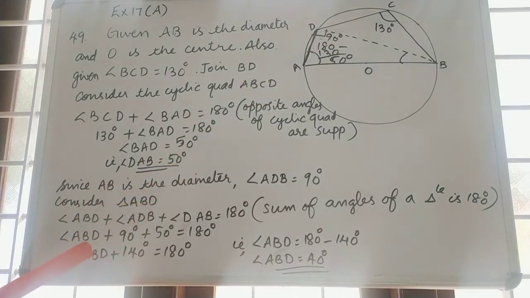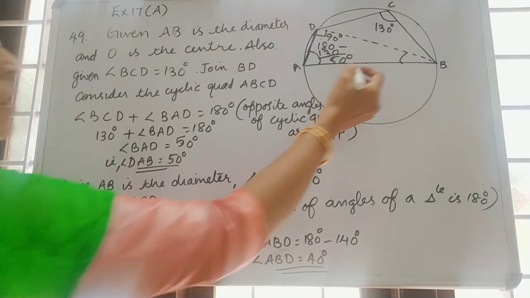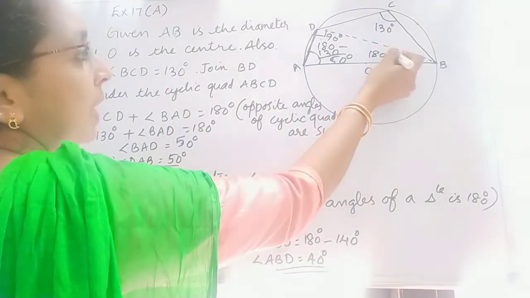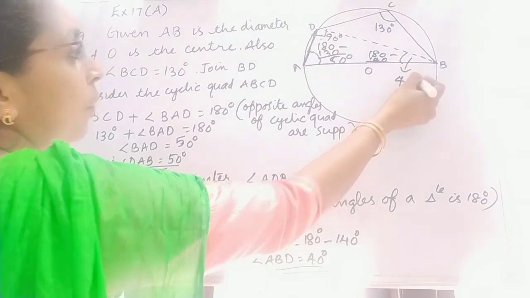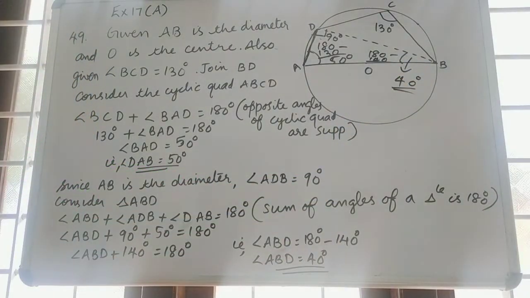So angle ABD will be 180 minus 140, which is 40 degrees. That is angle ABD is equal to 40 degrees. That is the second part.